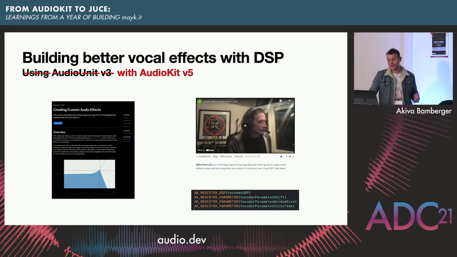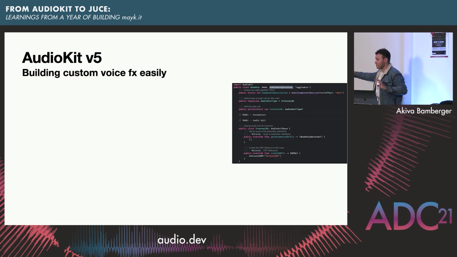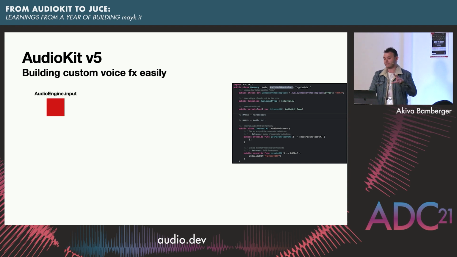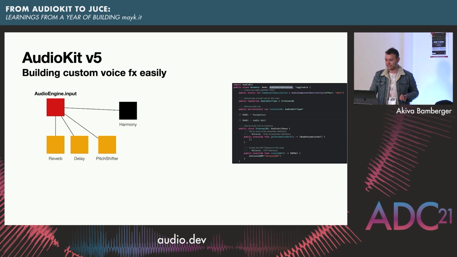But it also turns out that Aurelius, who's the author of AudioKit and is an amazing person, has also, with AudioKit v5, made it very easy to just build audio effects right into the rest of your code. And so if you're using AudioKit already and you want to start getting into DSP, it's actually very, very easy. You just use a couple of these macros and you're all set. So we started going in that direction, building these custom voice effects more easily.